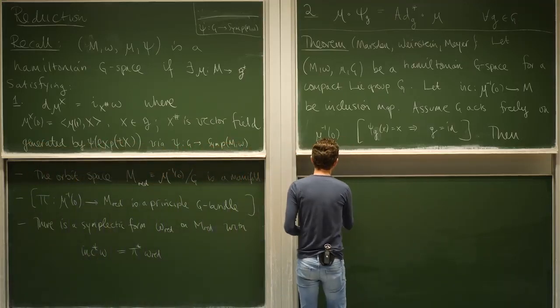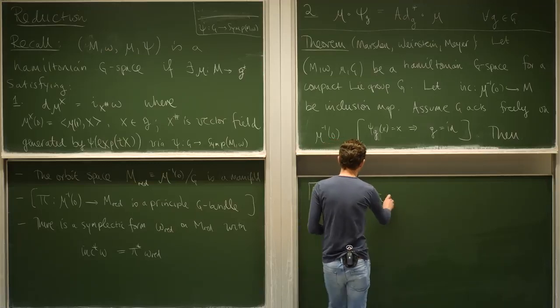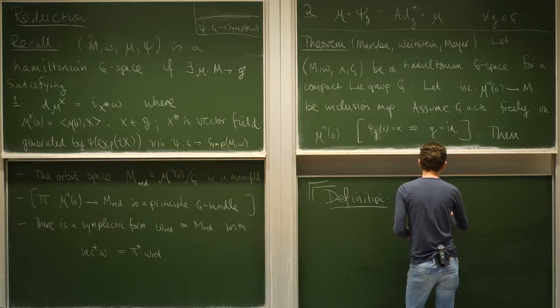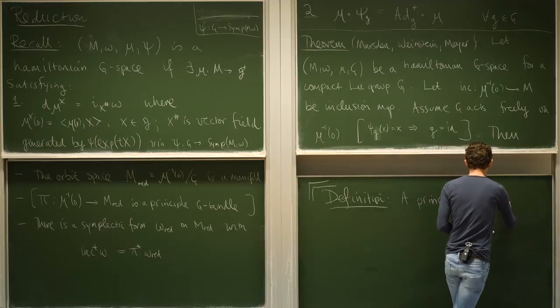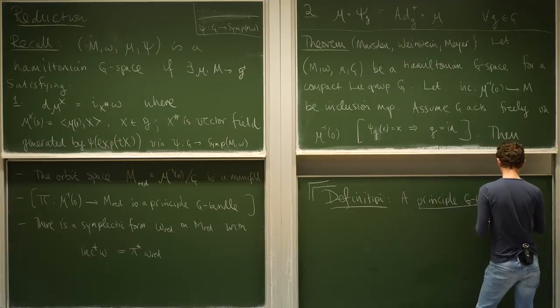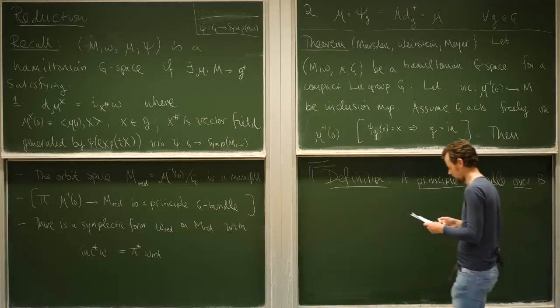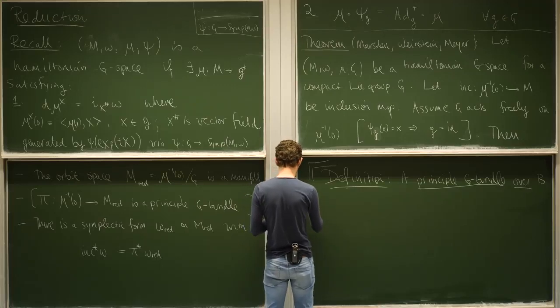So let's put it down so that you have it for completeness. So a principal G bundle over B, called the base space.